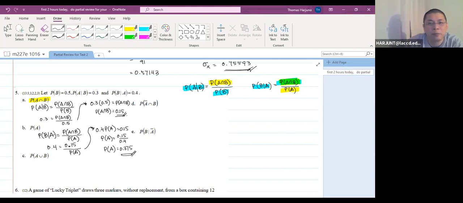Now, once you have probability of A, probability of B, and probability of the intersection, then we can answer the probability of the union, which is probability of A plus probability of B minus probability of the intersection.